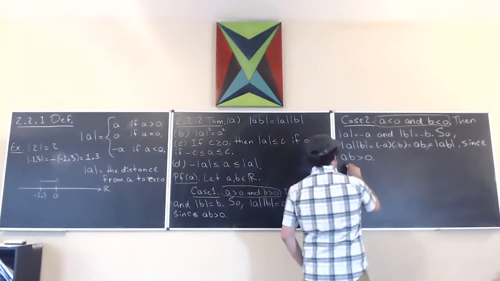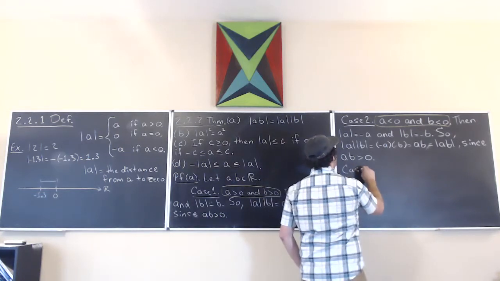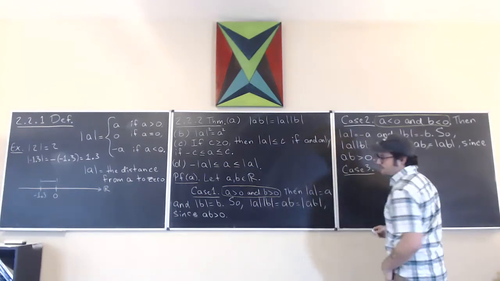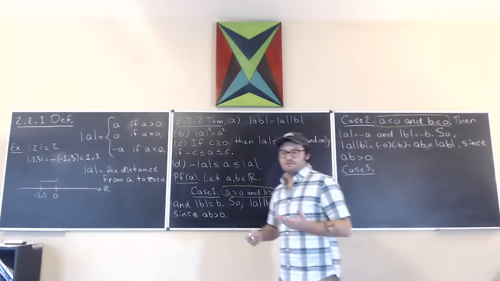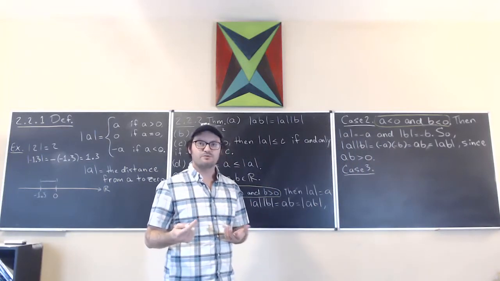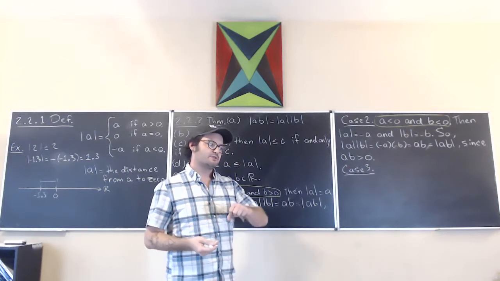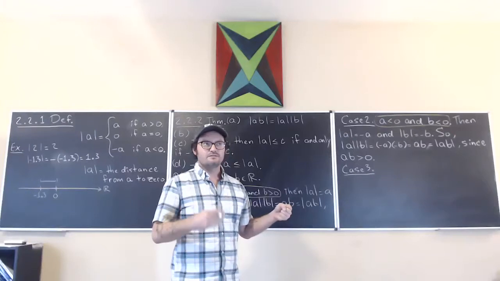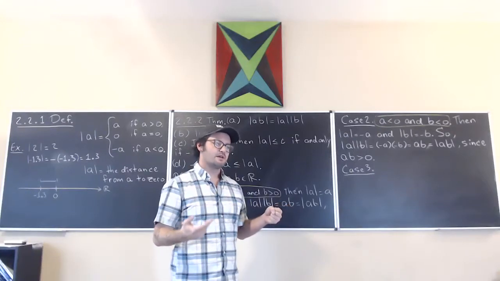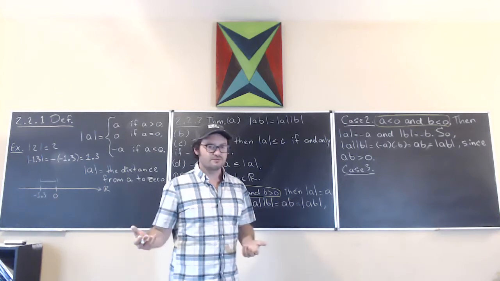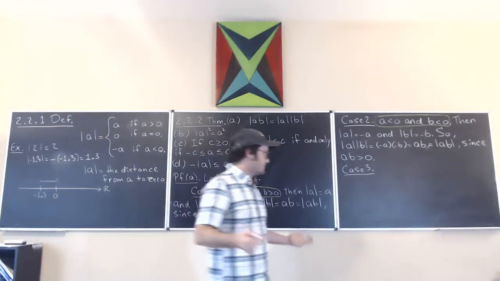So maybe case 3, we can just assume, without loss of generality, which I don't think I've said before, that A is 0 and we don't care what B is. One way of interpreting what that means is that we can prove it for A equal to 0, which is equivalent to proving it if B is equal to 0.